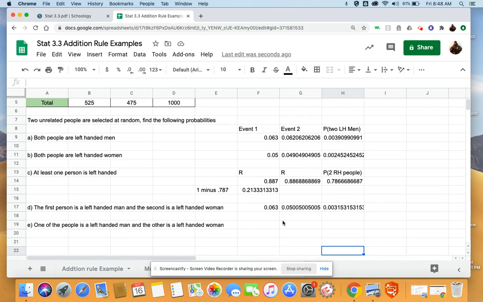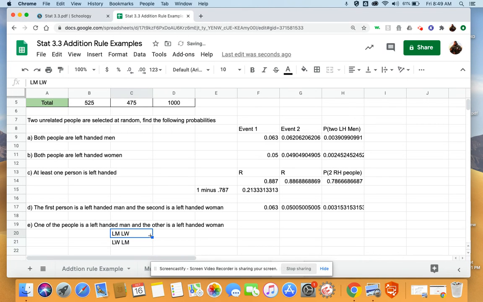This question does not specify an order. Doesn't matter. So we can have a left-handed man followed by a left-handed woman, or we can have a left-handed woman followed by a left-handed man.